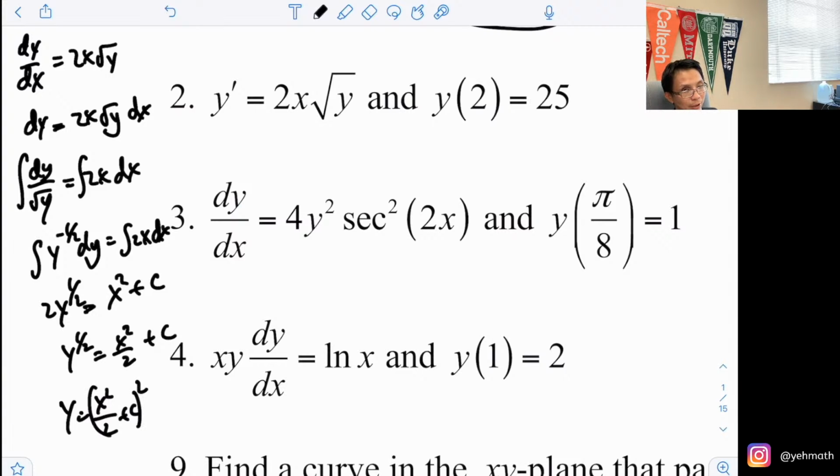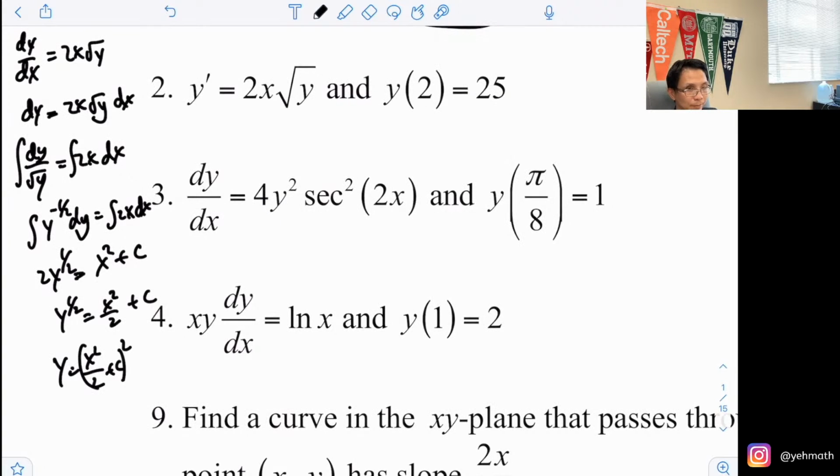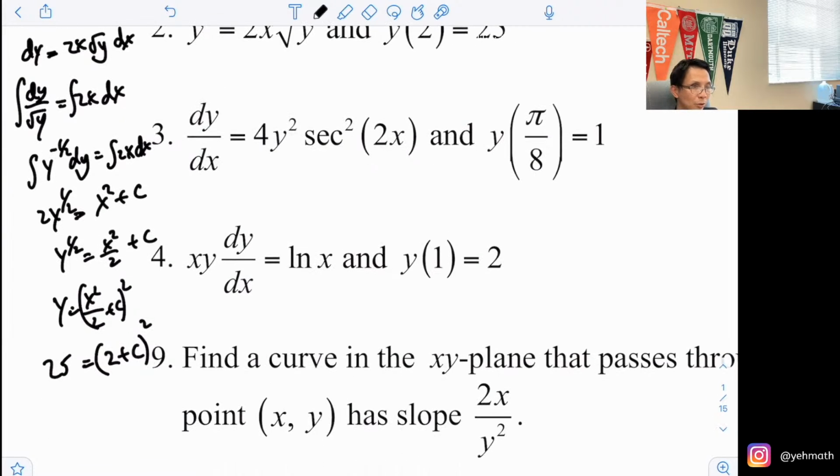Now I'm going to plug in your initial condition, which is 25 equal to x squared over 2 plus c, squared. So I'm going to square root both sides. That's going to give you 5. 2 plus c, c is equal to 3. So therefore y equals x squared over 2 plus 3, squared.